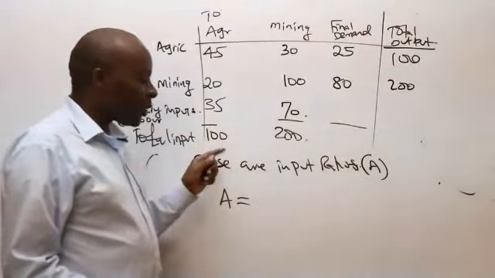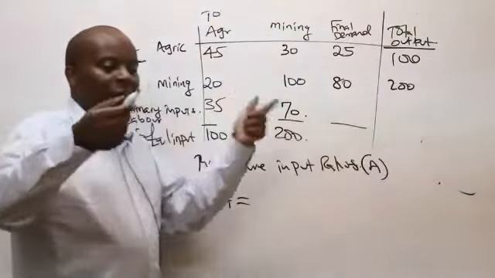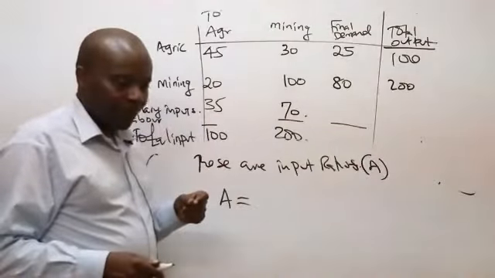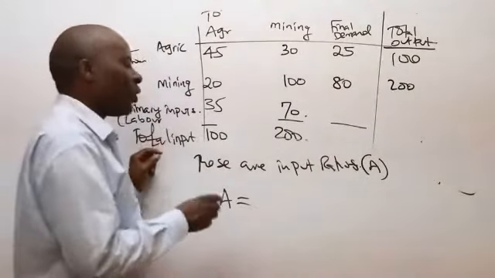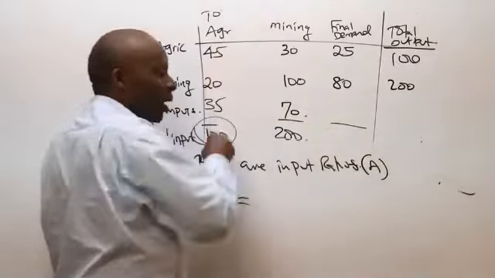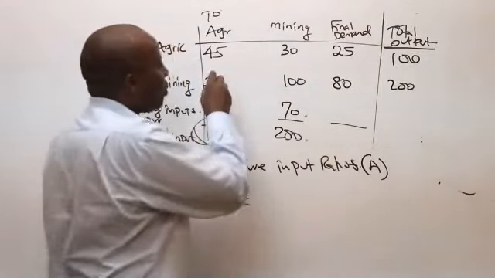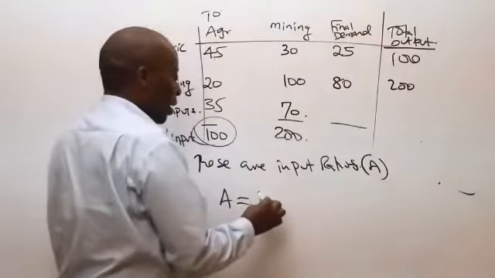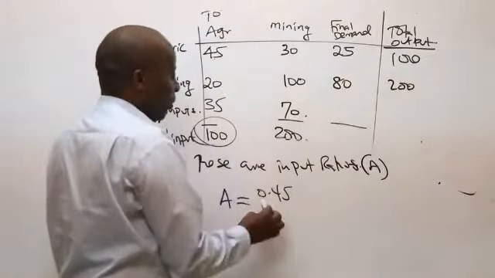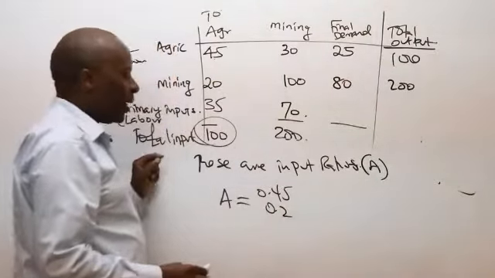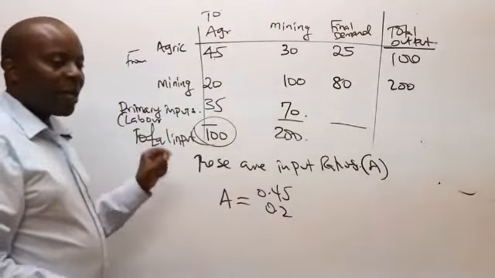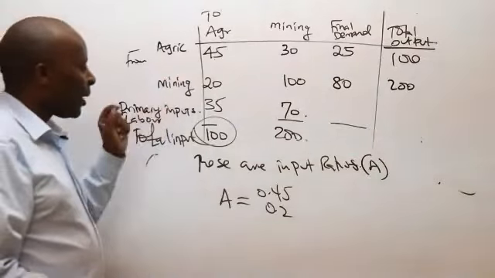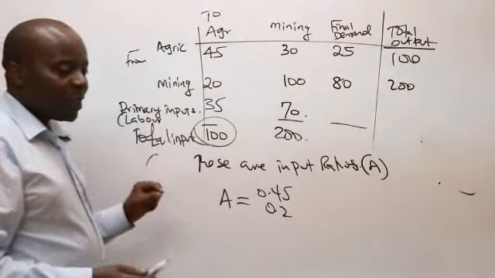Remember, we must first start by planting and then we harvest, so the input is a benchmark. Here we go down. So the input ratios of agriculture will be 0.45 and 0.2. Remember, in input ratios we only capture information about sectors. We can't have an input ratio of the primary inputs. It is only between sectors.